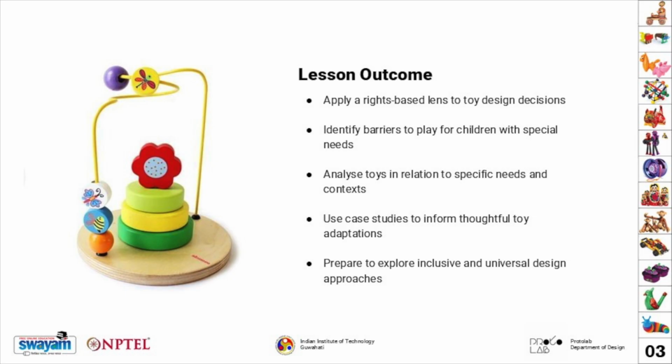With the help of case studies, you should be able to analyze how toys respond to specific needs through design choices. You should also be able to justify toy adaptations not as special add-ons but as meaningful design responses.